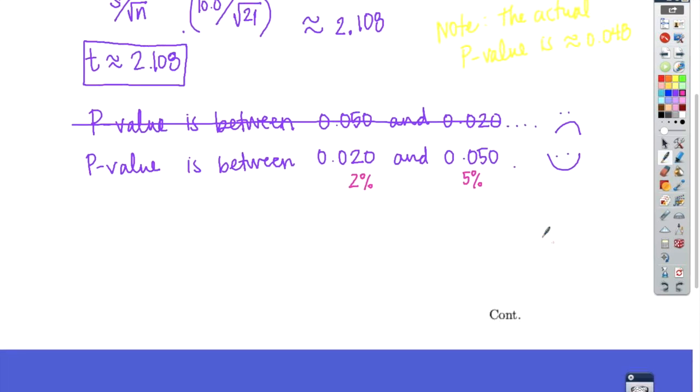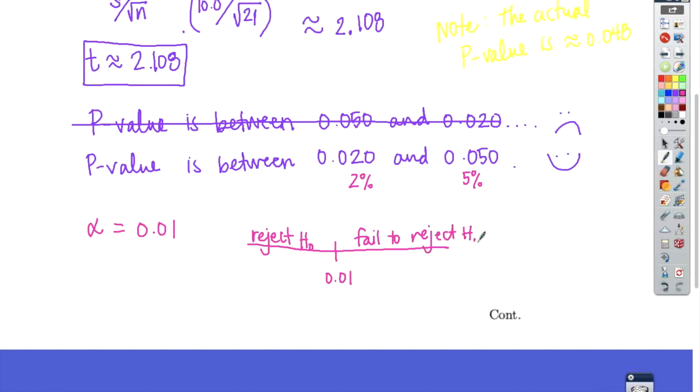So now we have to decide whether we're going to reject or fail to reject our null hypothesis. Remember, our level of significance was 0.01, or 1%. If I was making a number line, here's 0.01. If our p-value is over here, we would reject our null hypothesis, and if it's on the right side, we fail to reject our null hypothesis.